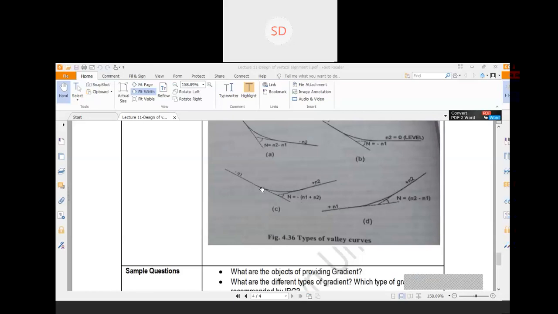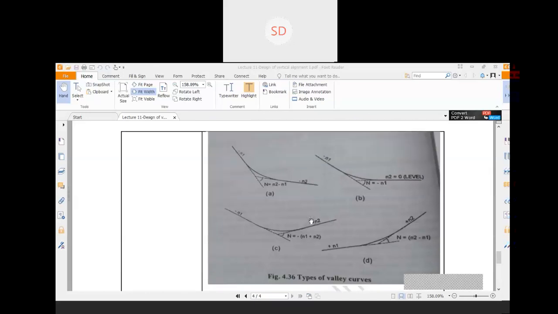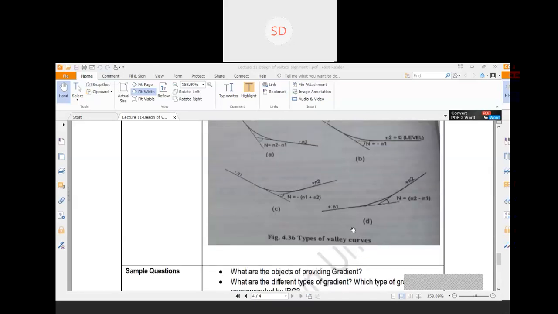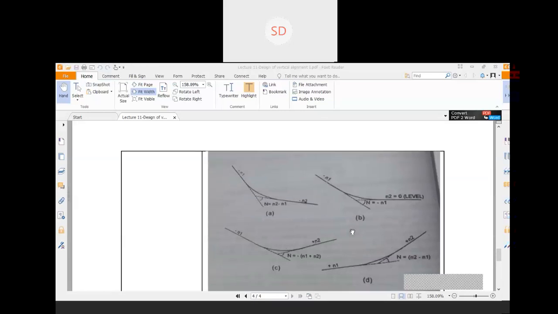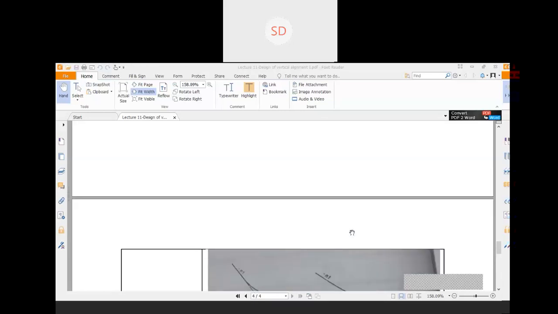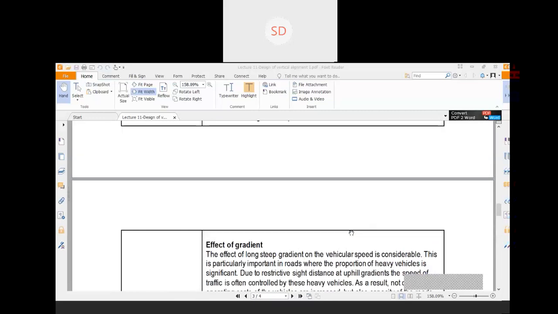Similarly, for this area also you can provide a valley curve with a deviation angle of minus n1 plus n2, and here also your deviation angle will be n2 minus n1. So these are the different types of valley curves which are designed as a vertical profiling of the road.